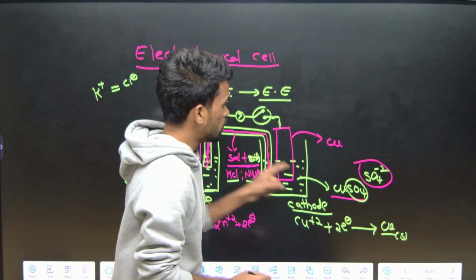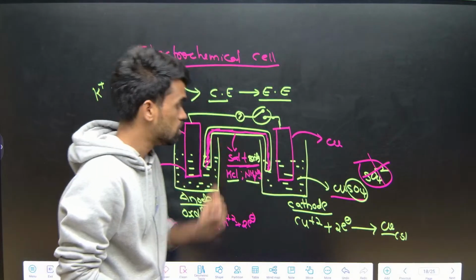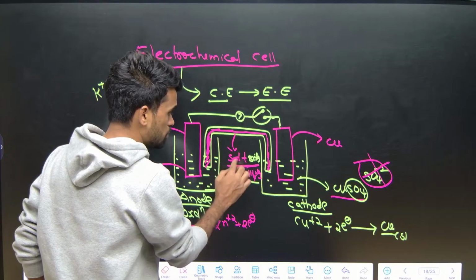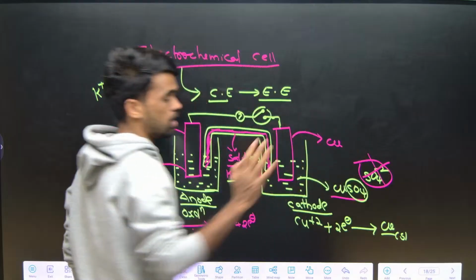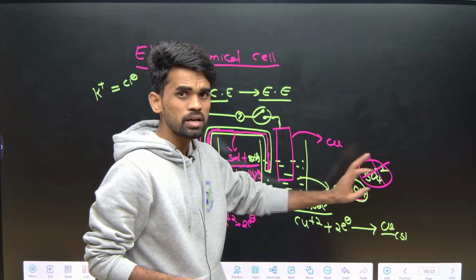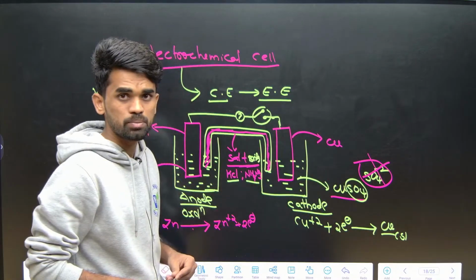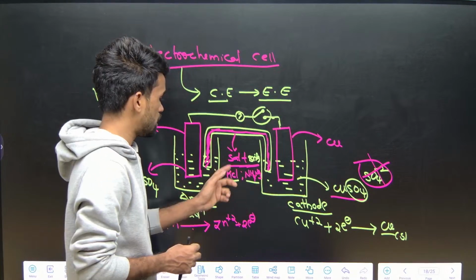So if we neutralize this, then only electron flow takes place this side. For that purpose, the cations we have in this salt bridge will come this side and neutralize these anions. So the sulfate ions will be neutralized by the cations present in this salt bridge. That is why we need to consider the mobility of ions, cation and anion.